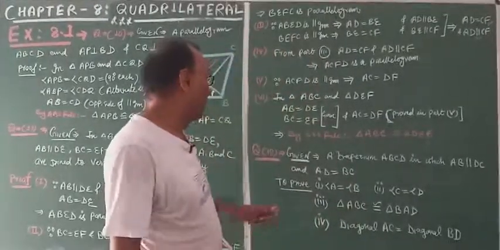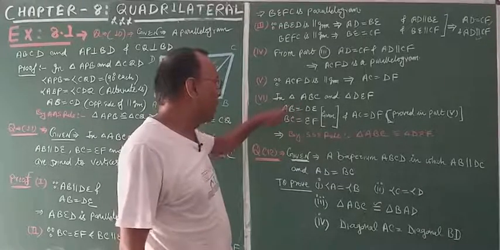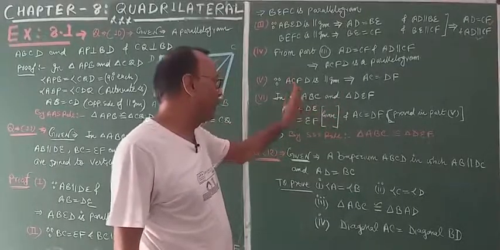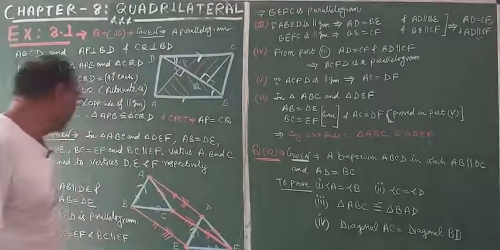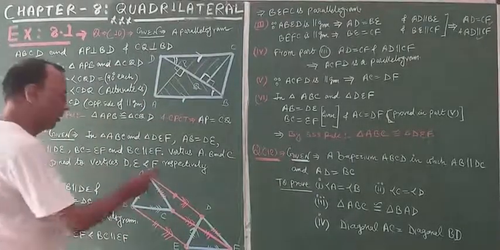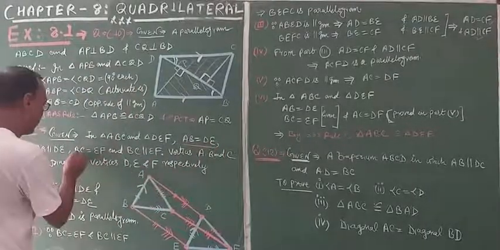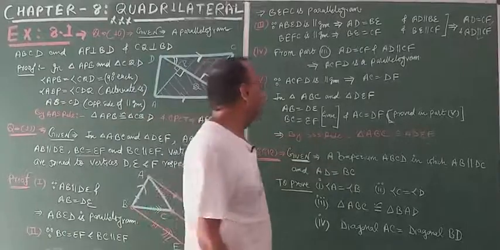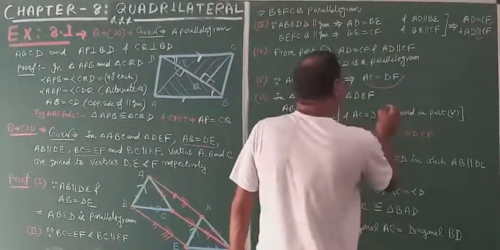Now look, it is given that AB of triangle ABC is equal to DE of triangle DEF, and BC is equal to EF. These two things are given here. And just look at the fifth part. We have proved AC is equal to DF.